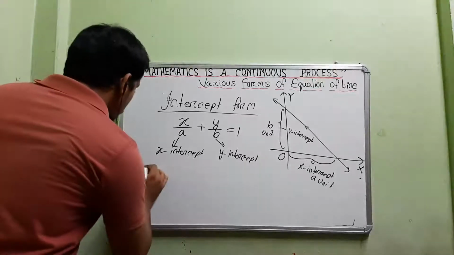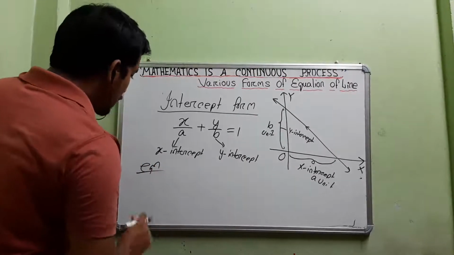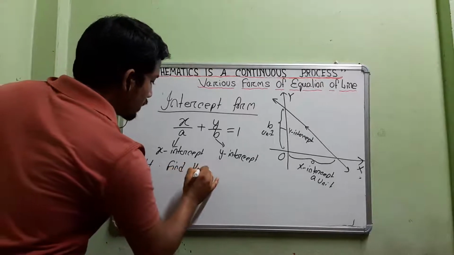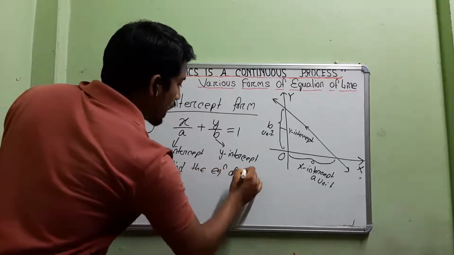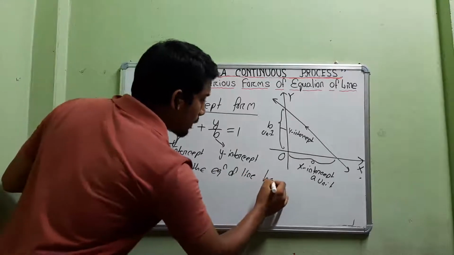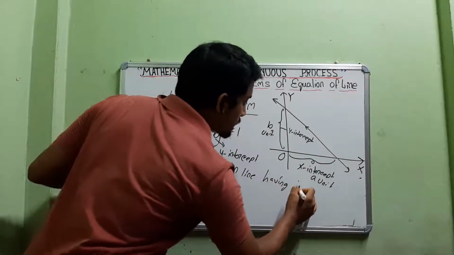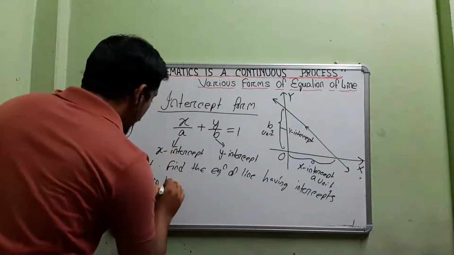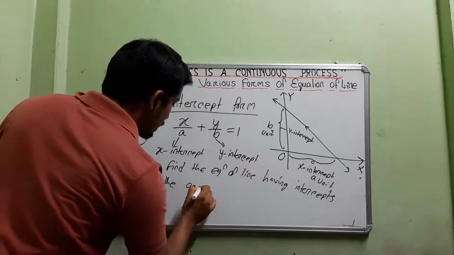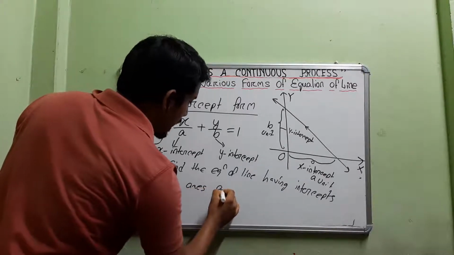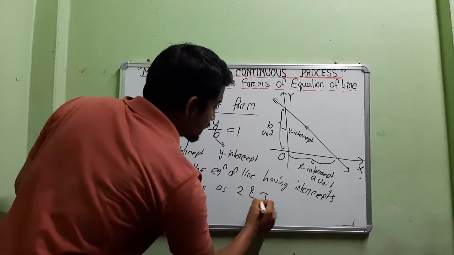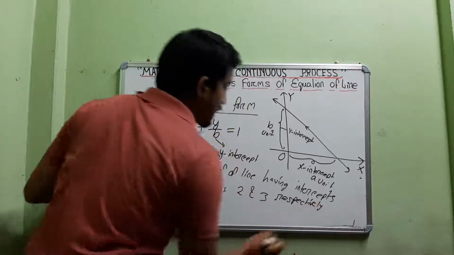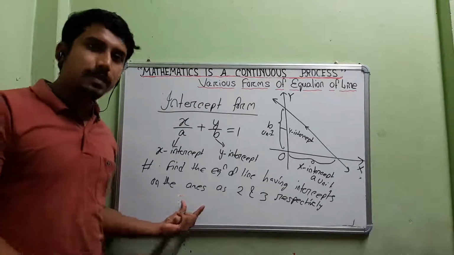Let me make you understand with one question. Question: find the equation of the line having intercepts on the axes as 2 and 3 respectively. Axes means x-axis and y-axis.